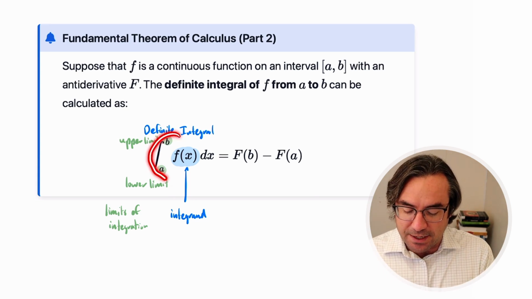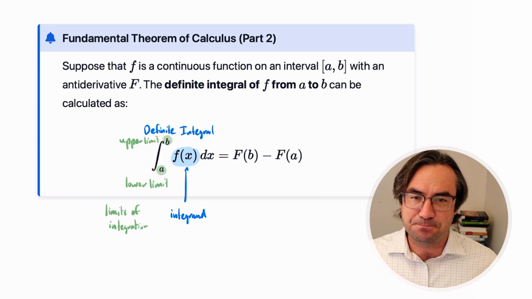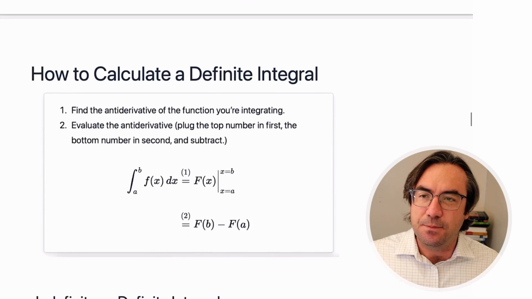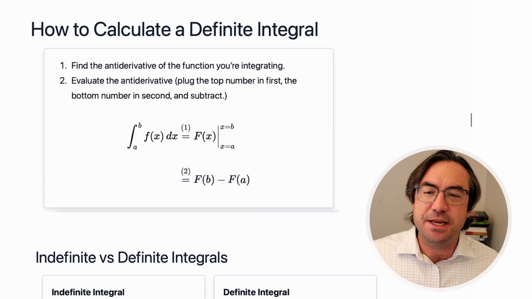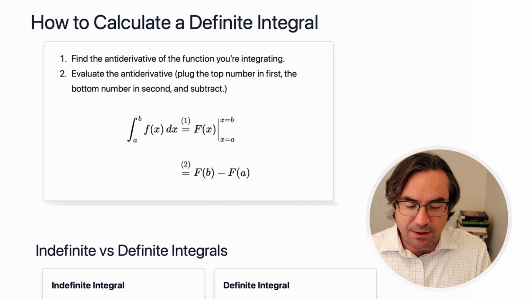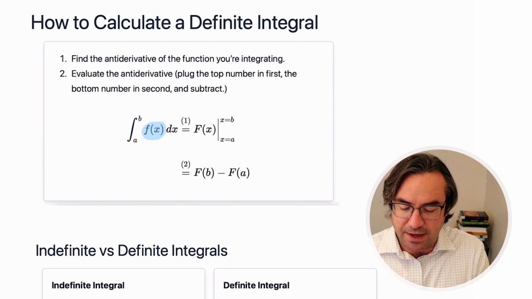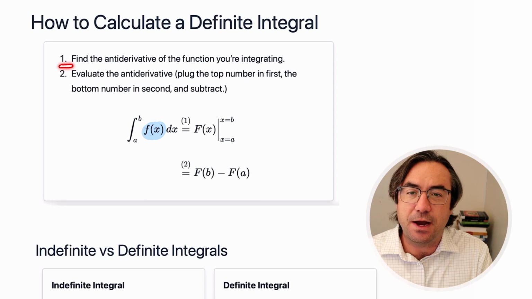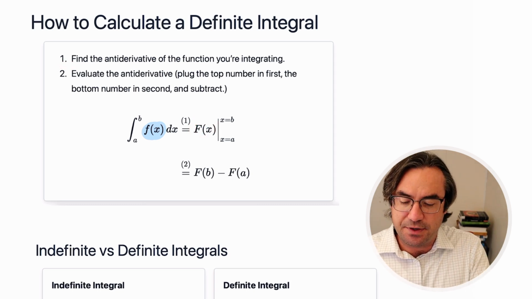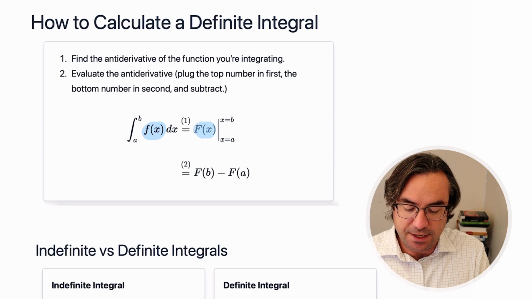So first, I want to get a little practice calculating this. The way we're going to do this is a two-step approach. We have the function that we're integrating, little f of x. The first step is to figure out what the antiderivative is. So get the antiderivative.